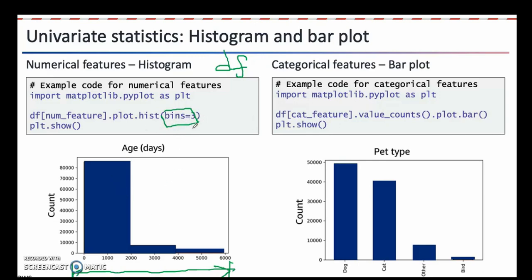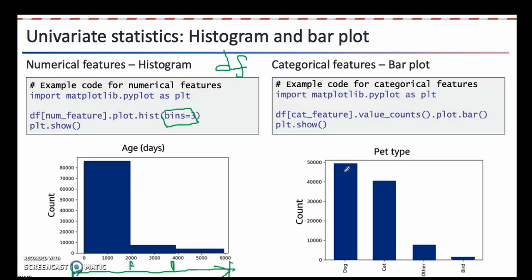So in this case it was 3, but you may change that argument if you want more resolution. So what you see here is that by just using basically three cuts, you can think of this as some kind of domain with 3 subdomains. The tallest box is with values between 0 and 2000.